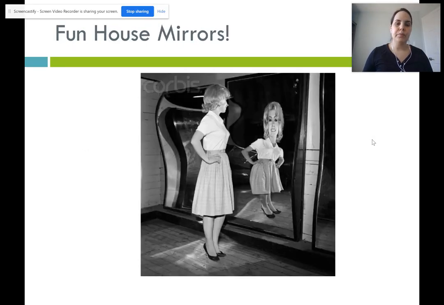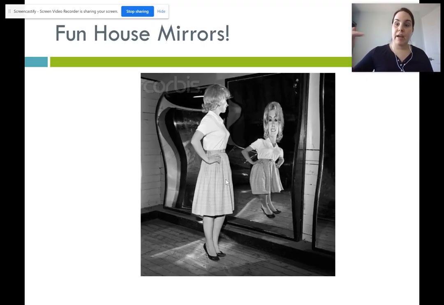If you've ever been to a carnival or a fair before, you may have seen these types of mirrors. They're usually called funhouse mirrors, where you can stand in front of them and your image that appears in the mirror looks a little wonky. It's not the same type of reflection you would see when you walk up to a normal plane or flat mirror, like in your bathroom that you may be using to do your hair or fix your makeup.